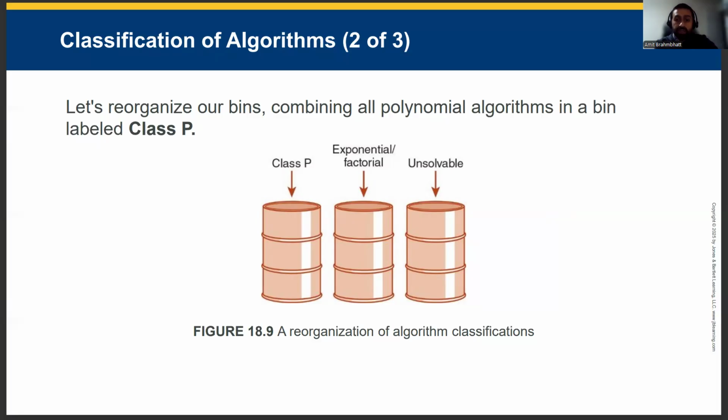This organization highlights the difference between tractable problems, those that scale reasonably well, and intractable problems, which may require exponential or factorial time. Understanding this classification helps developers choose techniques appropriate for the problem at hand. Avoid brute force methods when dealing with computationally explosive tasks.